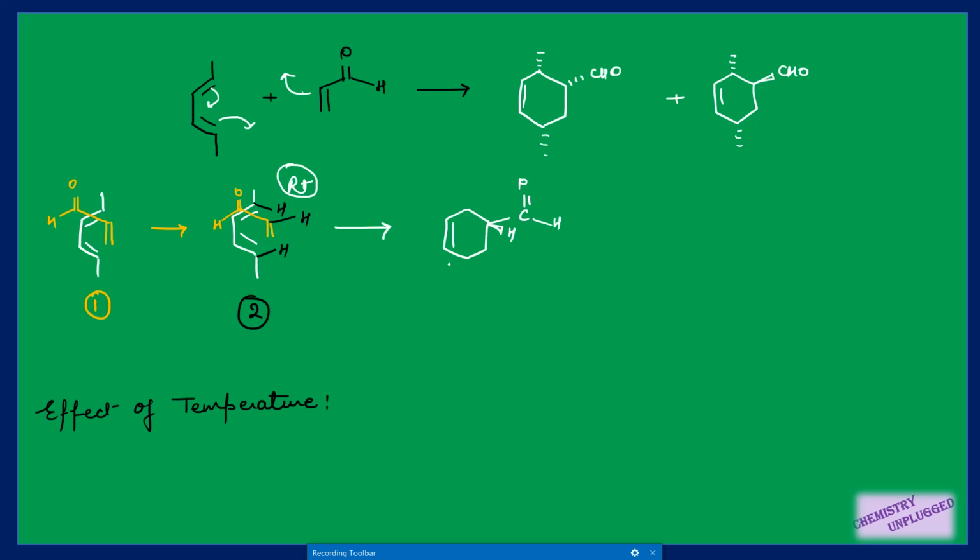This proton will go, suppose, above the plane, so the one attached on this carbon will also go above the plane. We will not write down the stereochemistry of methyl in this step, and this proton will also go cis, meaning above the plane, and methyl will remain as such.